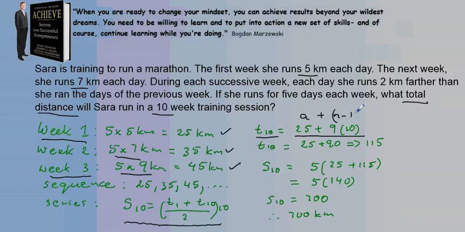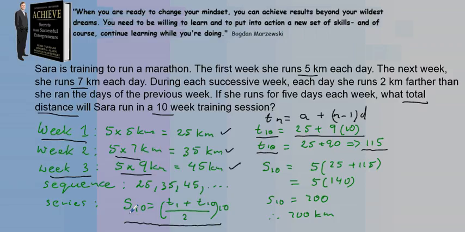So this is from the previous video. So this is why you can recall that as follows. Since the common difference between weeks is 10 kilometers, the 10th term value is 115.